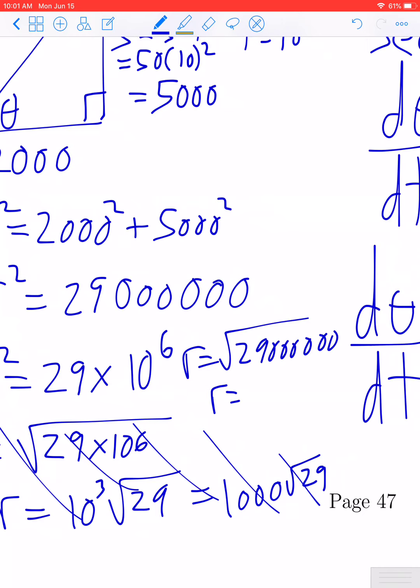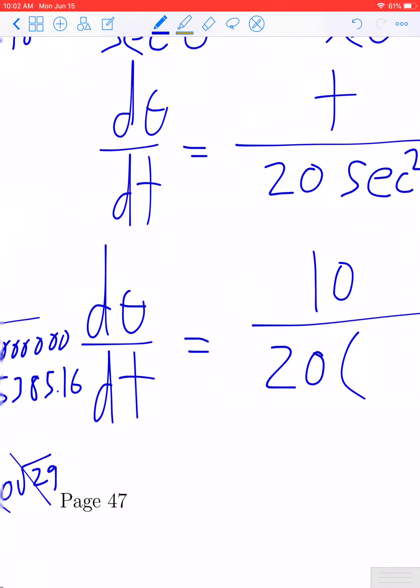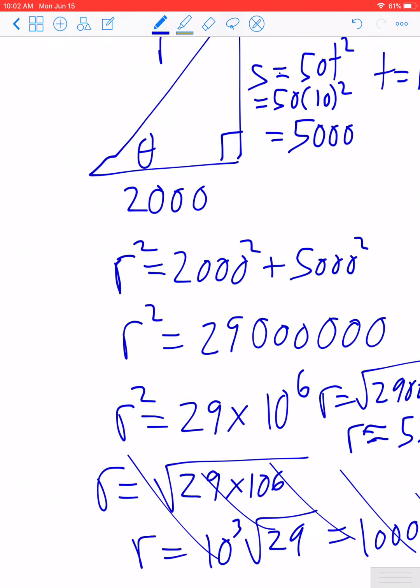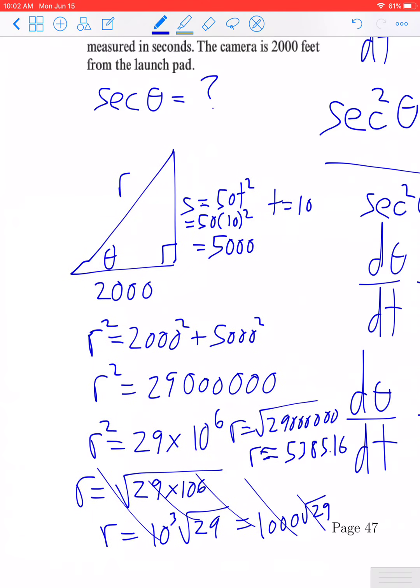Give me 1 second here. It's going to work out to be approximately 5,385.16. So that's our r, about 5,385.16.